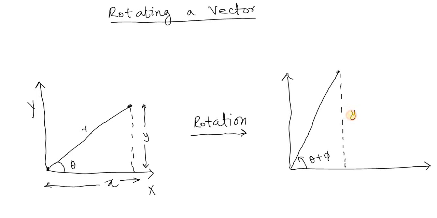Here this is the new coordinate y dash, and this is the new x coordinate x dash, and we have this r. The r will remain the same.